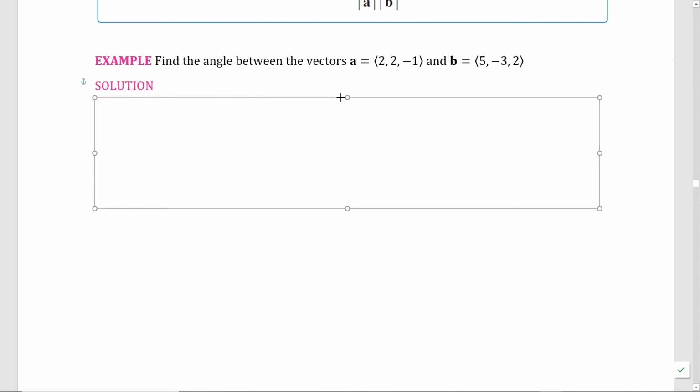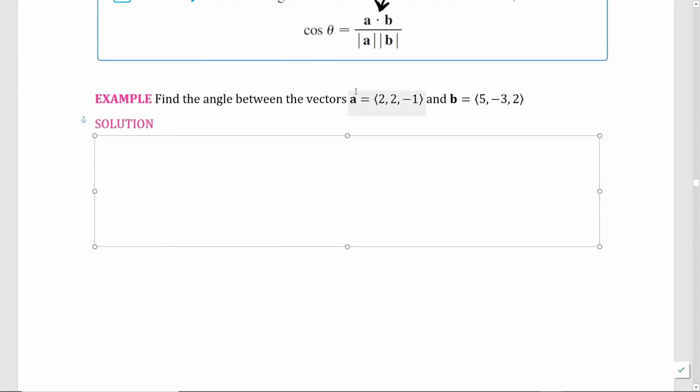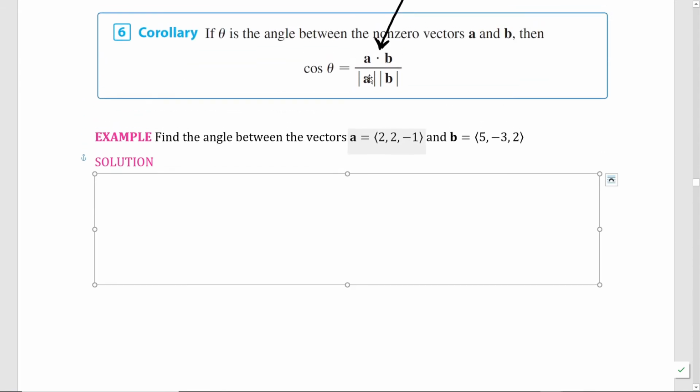Let's see an example. We need to find the angle between the vectors A and B, whose components are as shown. We can use the formula here, and the formula requires that we need to know the dot product of the vectors and the magnitudes of each of the vectors.